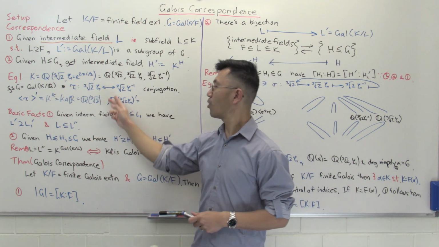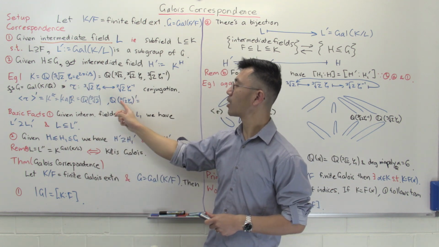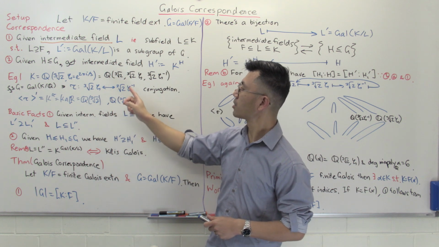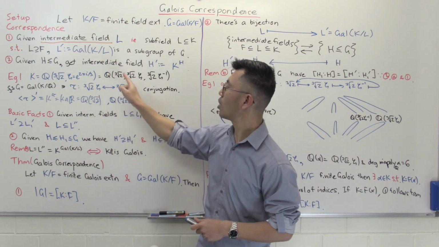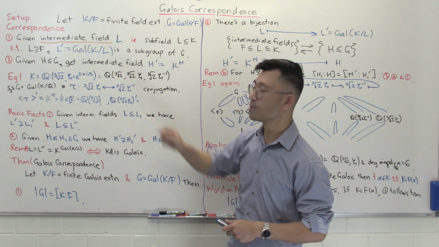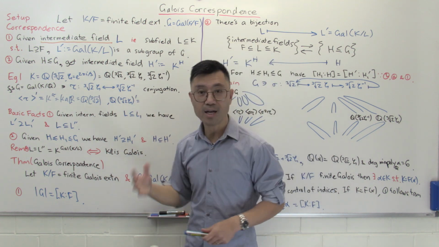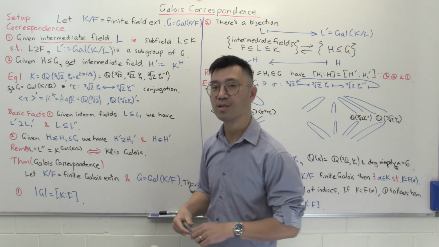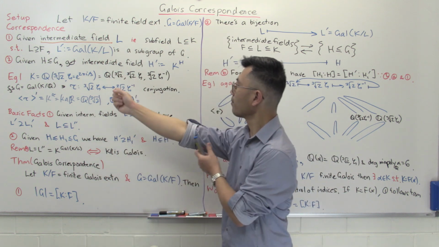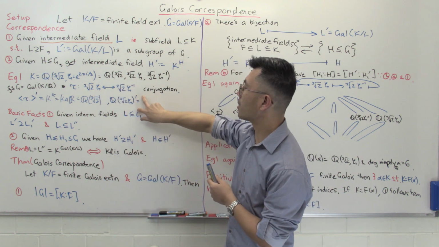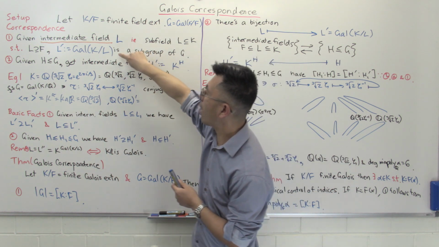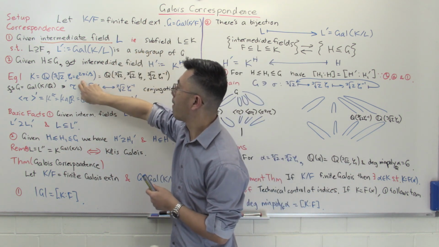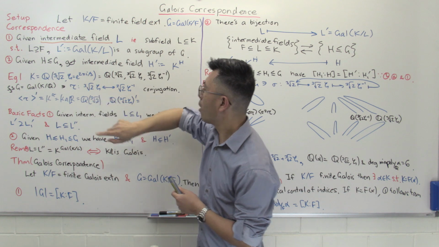So let's have a look at something else now. We're going to look at an intermediate field. It's going to be not Q adjoined the cube root of 2, but let's say we pick the cube root of 2 zeta, and we look at the prime of that, so we want some subgroup. Let me tell you what the answer is in that case. What you want to do is look at the Galois group of this K, but not over Q, but over this.